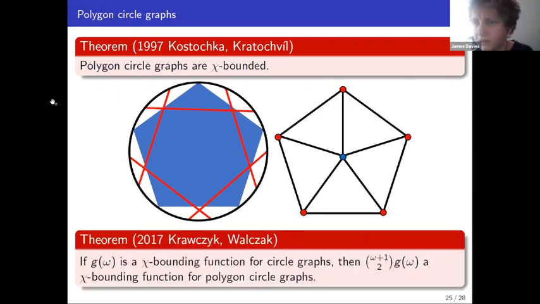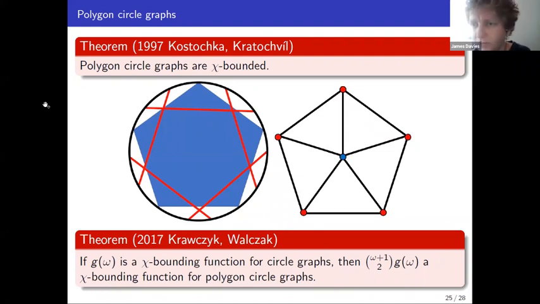And actually, these are also polynomially chi-bounded. So the problem of polynomial chi-boundedness can be reduced to circle graphs in this case. It can be shown that if you have a chi-bounding function for circle graphs and you multiply it by omega plus 1 choose 2, then you have a new chi-bounding function for polygon circle graphs.